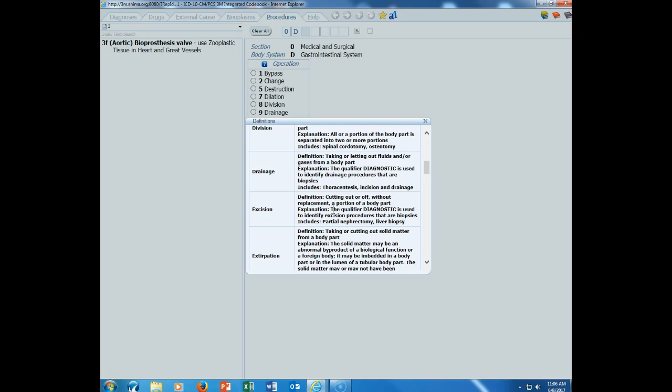If a mastectomy is done, unless they tell you it's a partial mastectomy, it's a total mastectomy. You can also look at path reports, which will provide that information. For instance, in an appendectomy, if a patient has appendicitis, they don't take out part of the appendix. They take the entire appendix out.